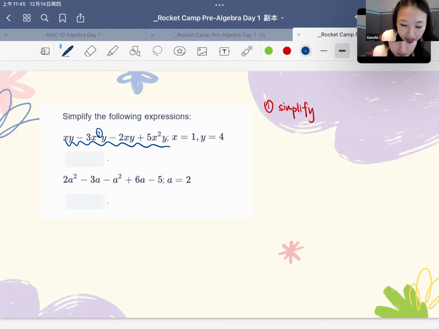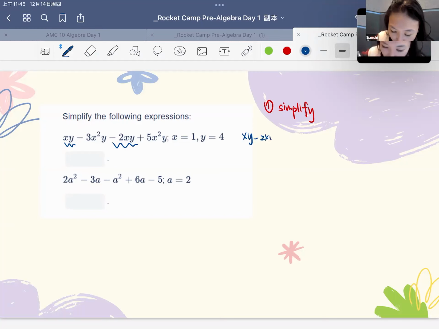And for simplifying this equation, we need to combine the like terms first. So let's find the like terms for it. xy and negative 2xy, they are like terms, right? So xy minus 2xy, we can put them together. And then the second and also the fourth term, we can combine them together as well.